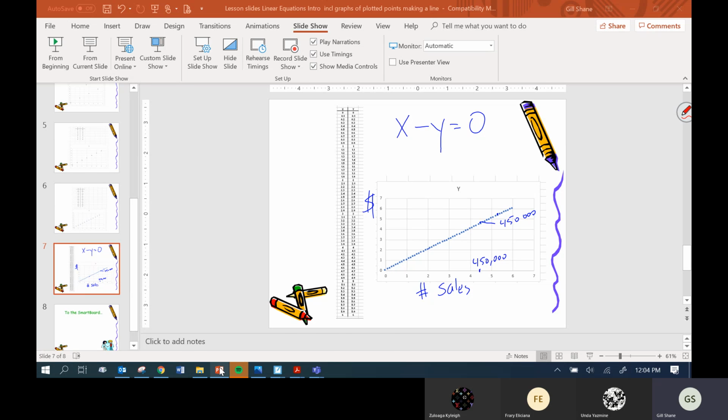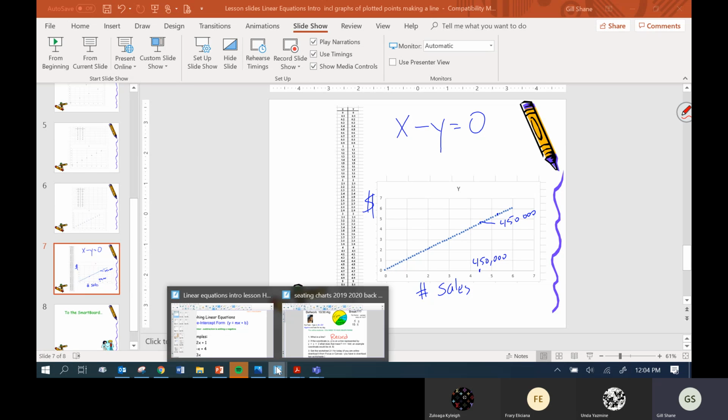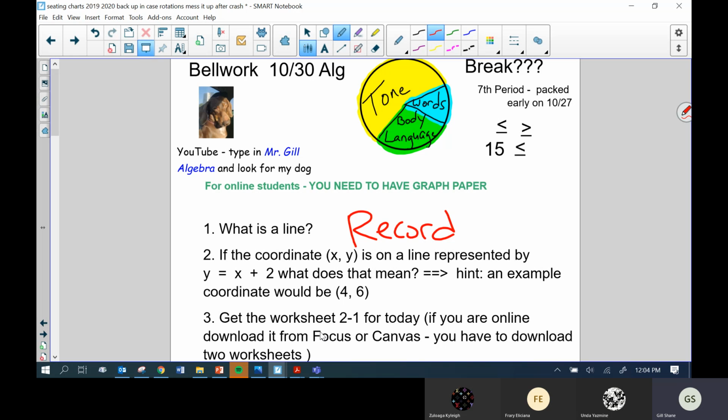So now, moving into the next question, we said if we've got this equation, again, x subtract y is 0, which is what we used to form all those points, then every single point on that line has got to be a solution to the equation. That's how we made the line.